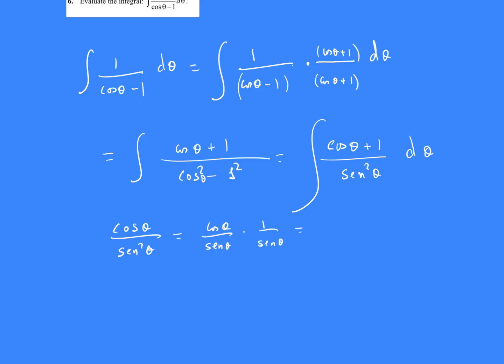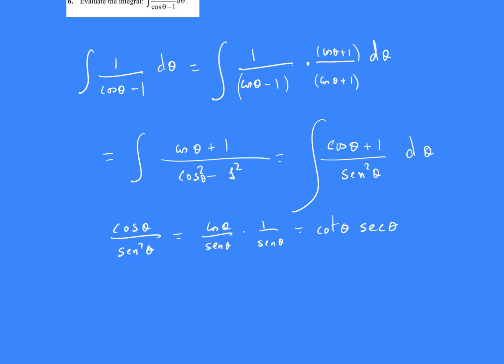What is cosine of theta divided by sine of theta? The reciprocal of tangent theta, so it's cotangent theta, multiplied by 1 divided by sine of theta. What is 1 divided by sine of theta? It is the reciprocal of sine of theta.